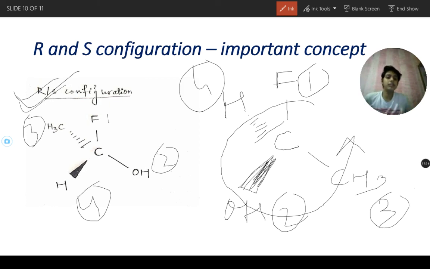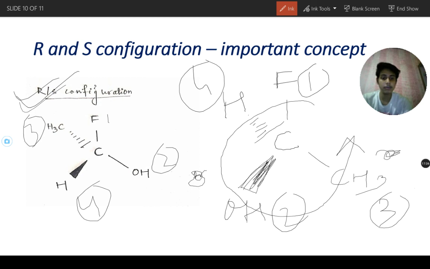If you take the mirror image of this, you will find the CH3 will be here and OH will be there, and hydrogen will be on your backside. If you number the priority order, your 2 will come at this position and 3 at this position.